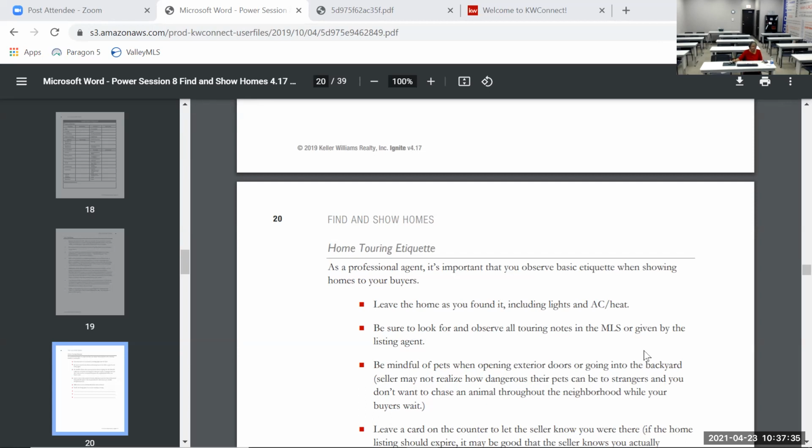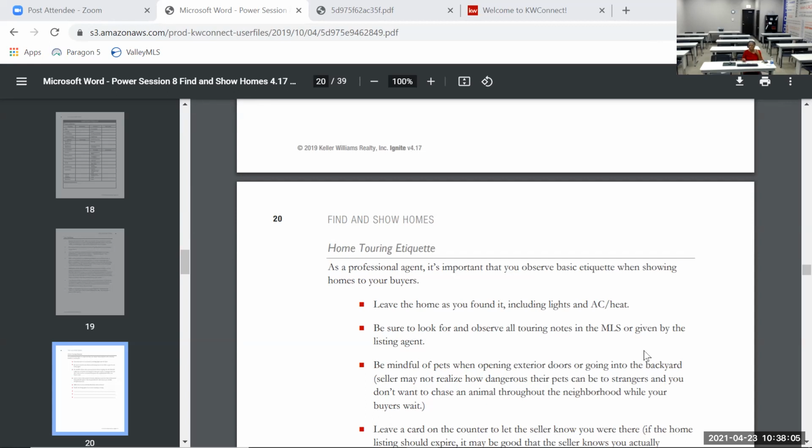Someone went to show the house to their buyer, did not read the information about the alarm, and I had a piece of paper in the lockbox with the key, with the instructions for the alarm. Somehow this agent overlooked every warning sign. They opened up the house, the alarm went off, the sellers were frantic because they had gone to dinner while the house was being shown. The police arrived, I went out.